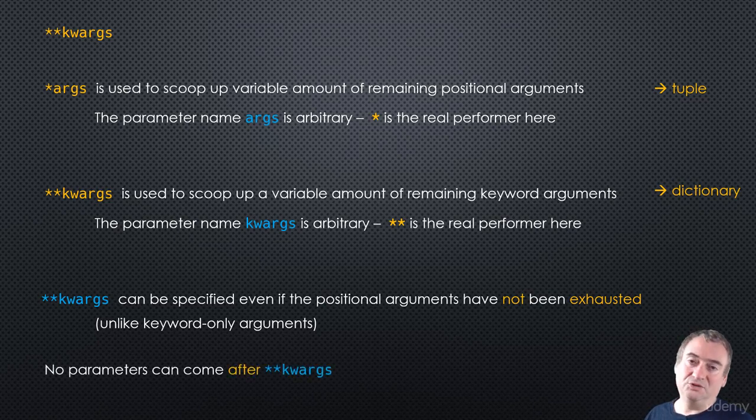And the only other thing too is that no parameters can come after the **kwargs. Kind of makes sense because the keyword only arguments have to come last, and this scoops up anything that wasn't specifically defined as a keyword only argument. So therefore, you can't have other arguments after that. That's kind of the end of the line.